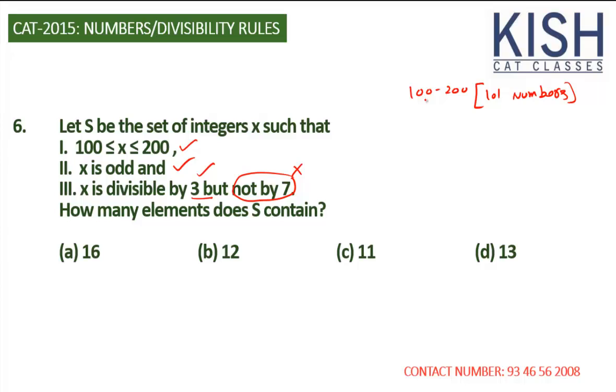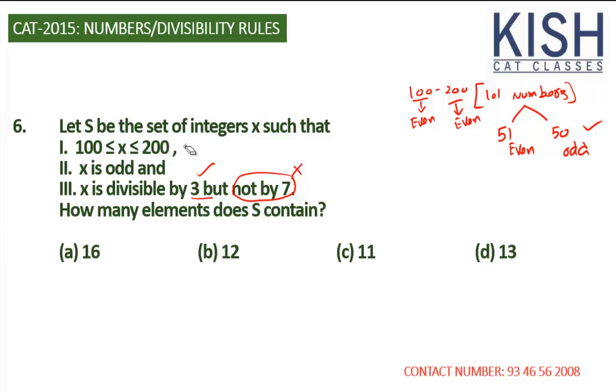Now, 100 is an even number and 200 is also an even number. So it started from even and ended with even. So out of the 101 numbers, 51 are even and 50 are odd. So our task is completed. From 100 to 200, 101 numbers, out of them 50 are odd.